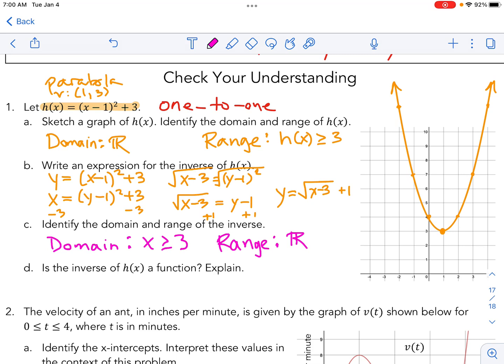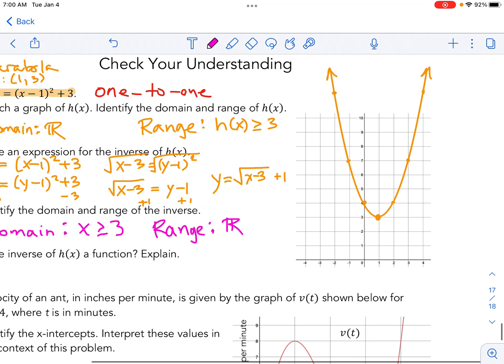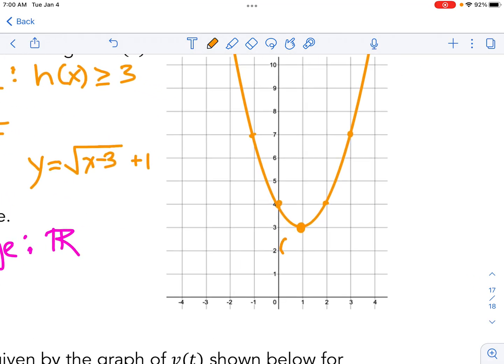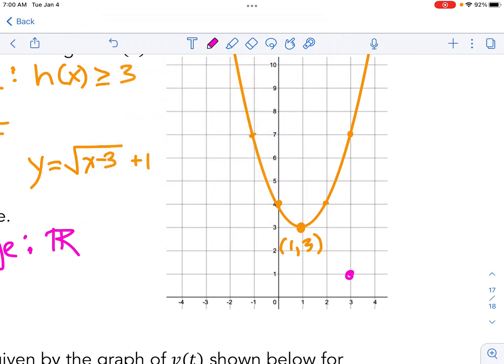And so if that's the case, then if I just draw my inverse, this is 1, 3, so my inverse would be 3, 1, right? That's where that point would map to, is 3, 1. And instead of going over and up 1, I'm going to go up and over 1, right?